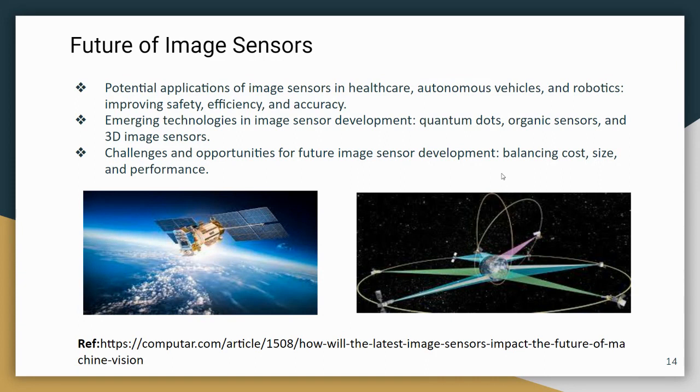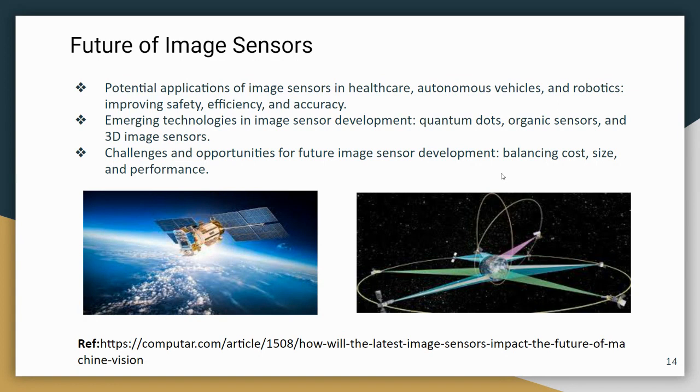The new challenges and opportunities for future image sensors are balancing the cost, reducing the size of the sensor, and improving its performance so that everyone can widely use it across the world.